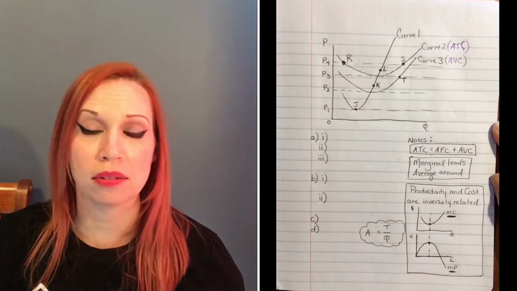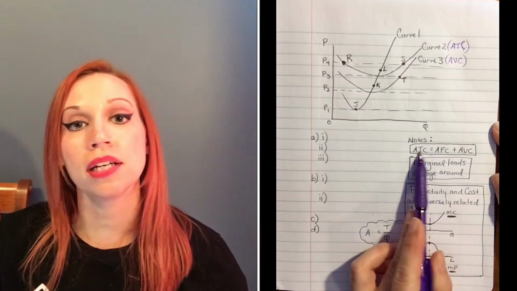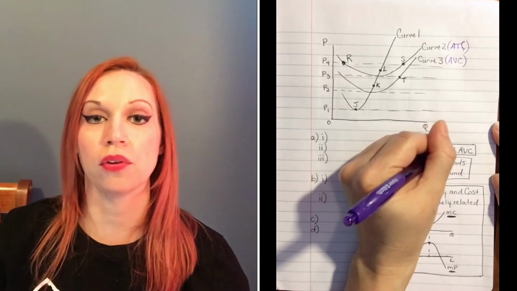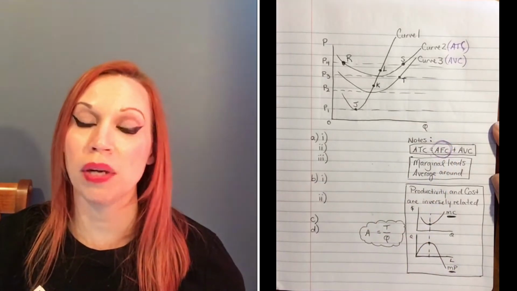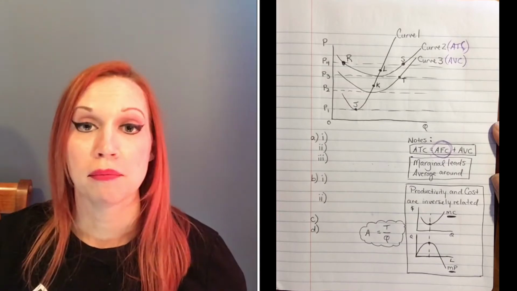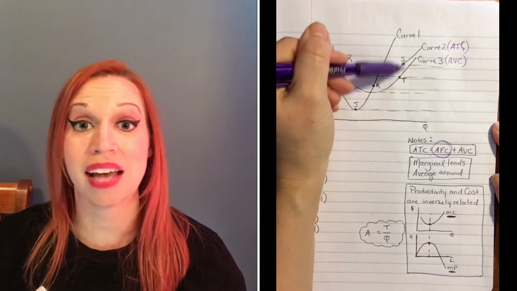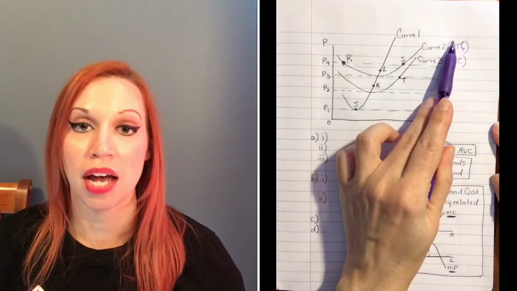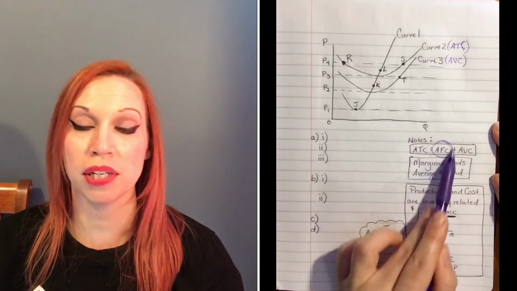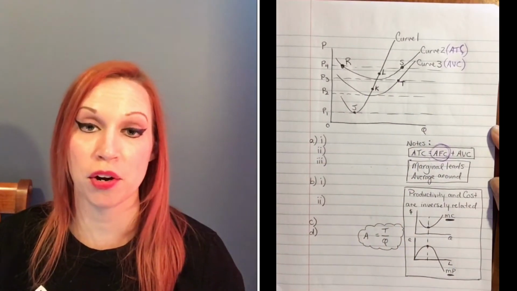And remember how these two curves, average total and average variable, look like they're going to crash into each other over on the right hand side of the graph because the space in between them is always getting smaller and smaller, because that space in between ATC and AVC is average fixed cost. So we have average total cost, which is curve 2, average variable cost, which is curve 3. The space between them is average fixed, which keeps getting narrower and narrower.